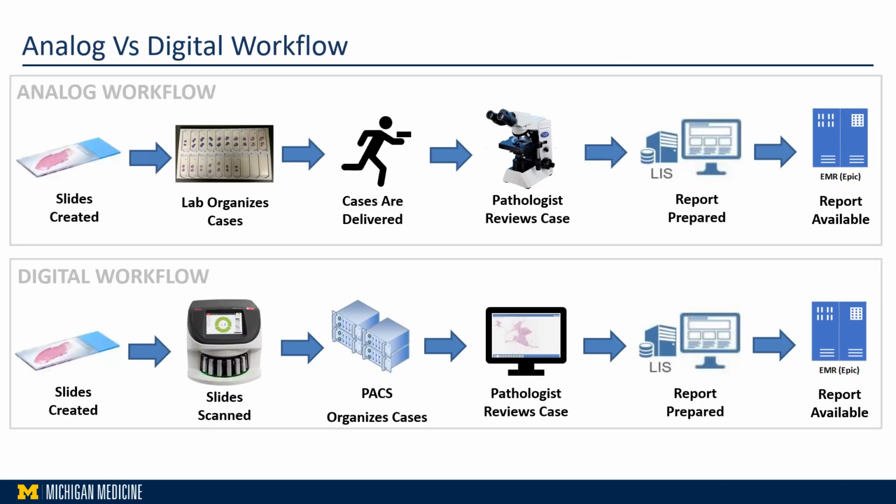And after all those steps of preparation of the glass slide, those slides will be assembled on trays, and then after the slide assembly as well as case assembly and organization, they will be distributed or delivered by multiple personnel to the pathologist, and the pathologist will start reviewing those cases under light microscopy or other immunofluorescence microscopy, and then start preparing the report in the lab information system.